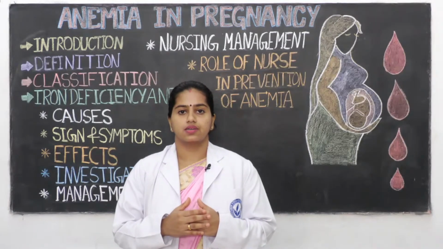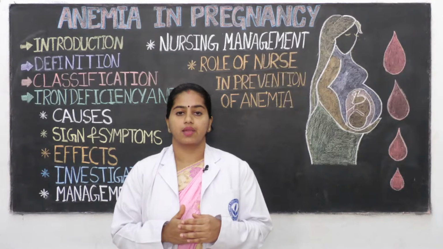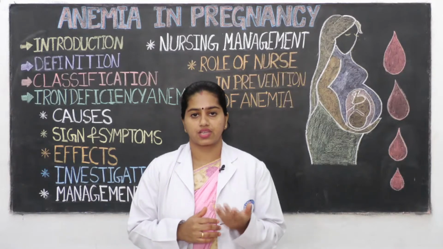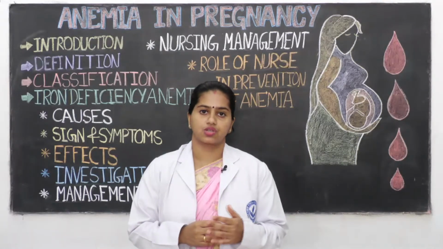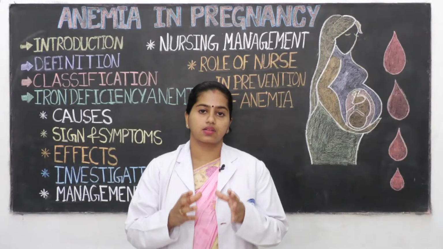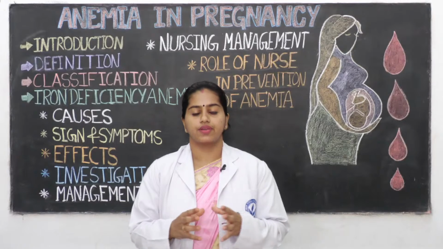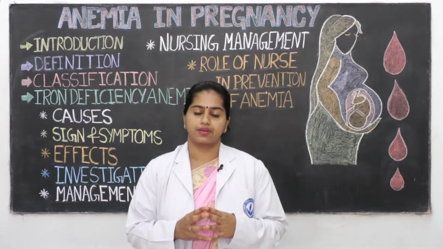And next, she can have severe infections, repeated infections, malnutrition, abruptio placenta, early separation of the placenta. So these are the common complications or effects that can happen to the woman during pregnancy.